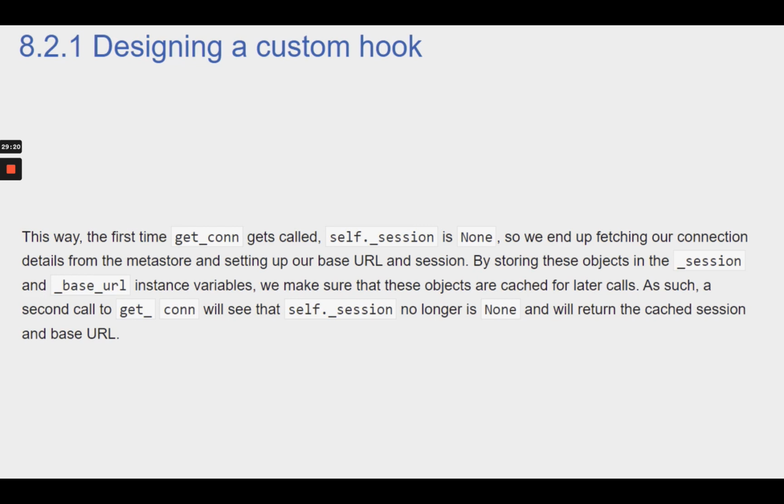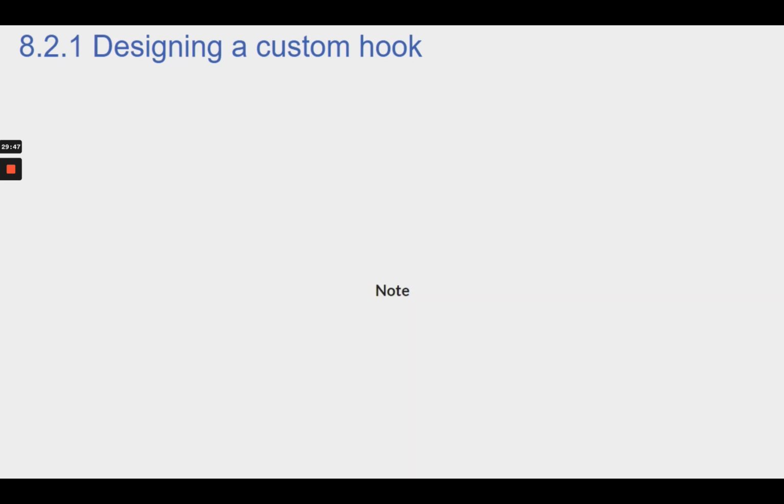So we end up fetching our connection details from the metastore and setting up our base URL and session. By storing these objects in the _session and _base_URL instance variables, we make sure that these objects are cached for later calls. As such, a second call to get_con will see that self._session no longer is None, and will return a cached session and base URL.